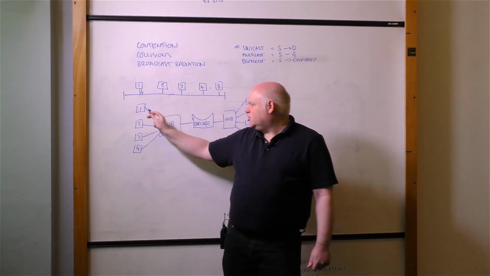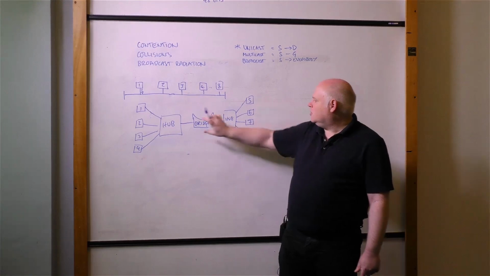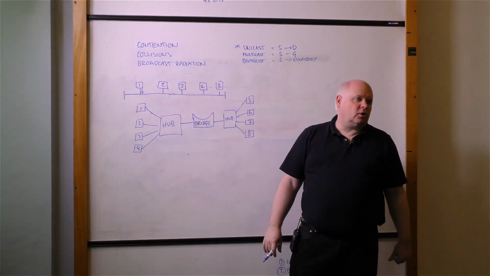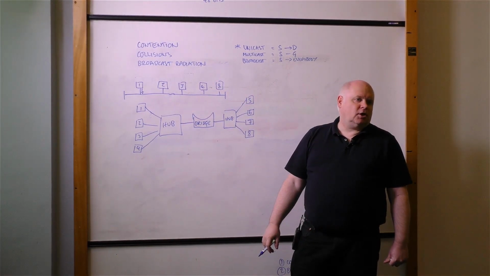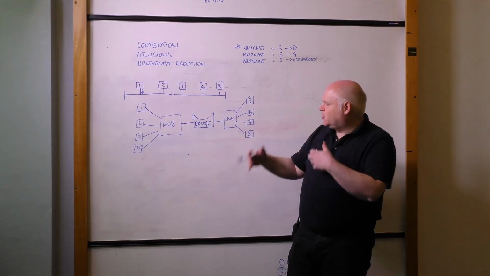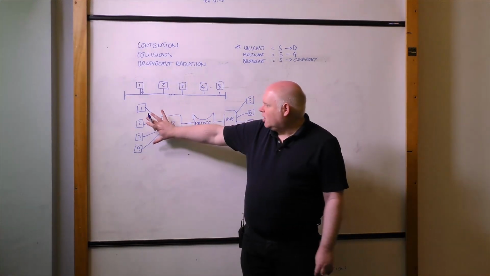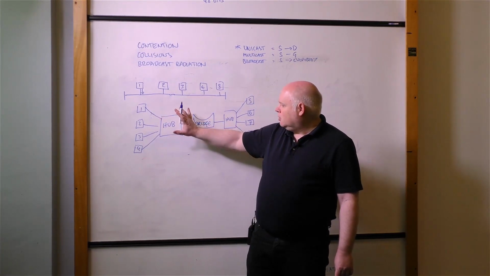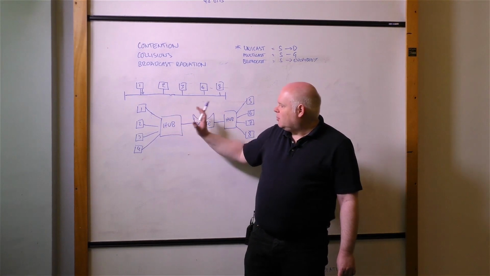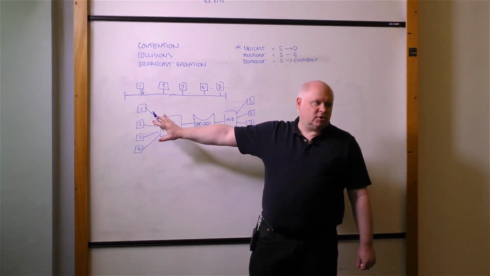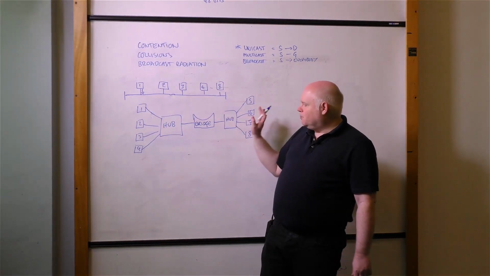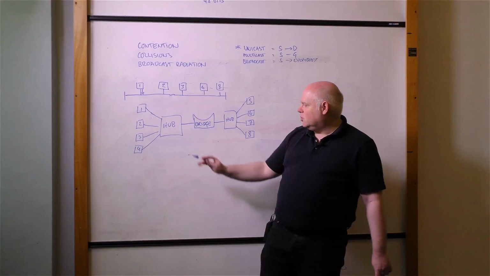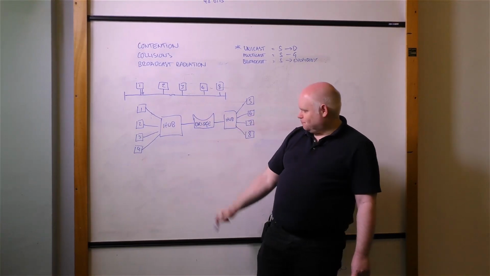If 1 wanted to send information to 5, the bridge would pass the frame across. So as things scale up, if there's a lot of traffic between machines over here, then you get a performance benefit by keeping that on this side of the bridge. Same over there. But some traffic will have to cross.